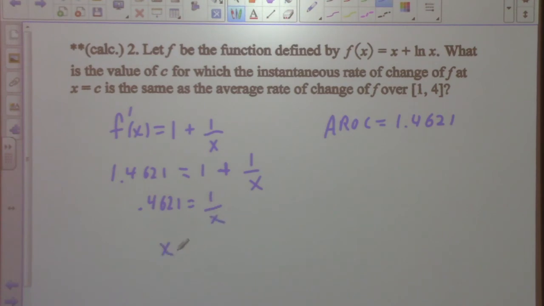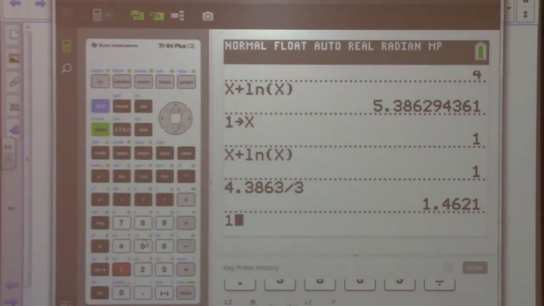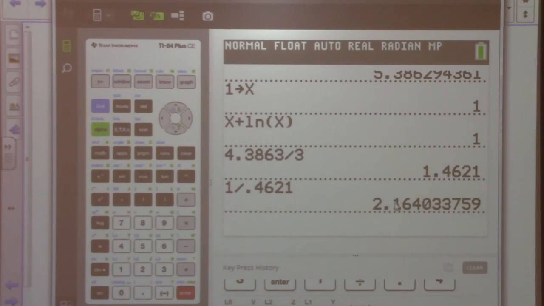And then x is equal to 1 over 0.4621, which equals 2.164. Oh, I always have to do the wrong thing.